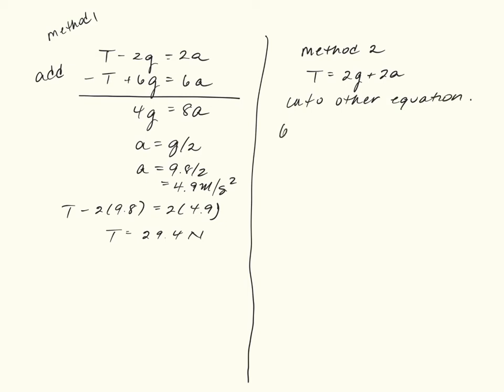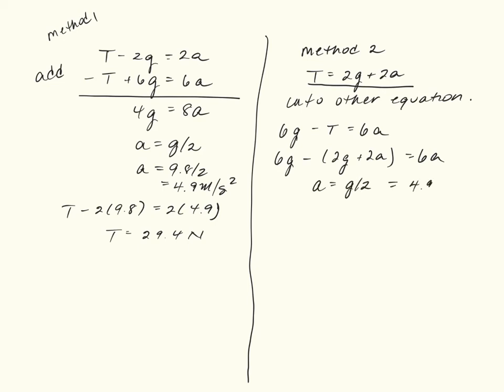Okay, so in the other equation we have 6g minus T, I'll rewrite it first, equals 6a, which becomes 6g minus 2g plus 2a equals 6a, because we've substituted this value in for T. And when we solve this, we get a equals g over 2, no surprise, 4.9 meters per second squared.